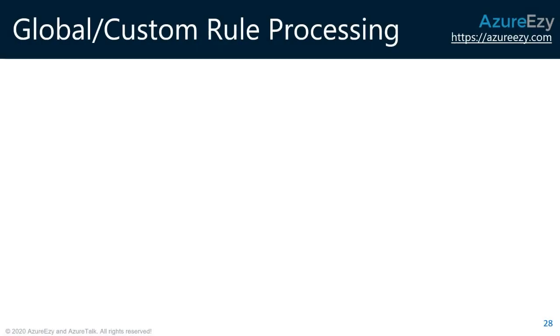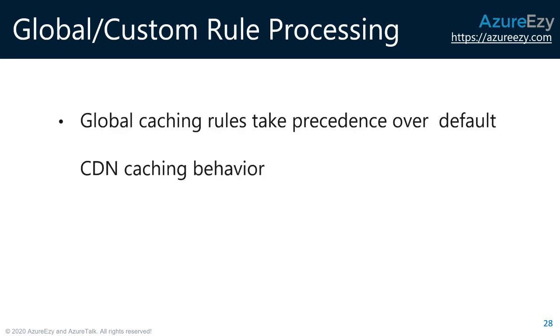Now, when you have a global rule and a custom rule, a question comes to mind. We have multiple caching rules. Finally, which rule will take precedence? What will be the precedence order in that particular case? Your global caching rule will take precedence over any default caching behavior that you have configured.